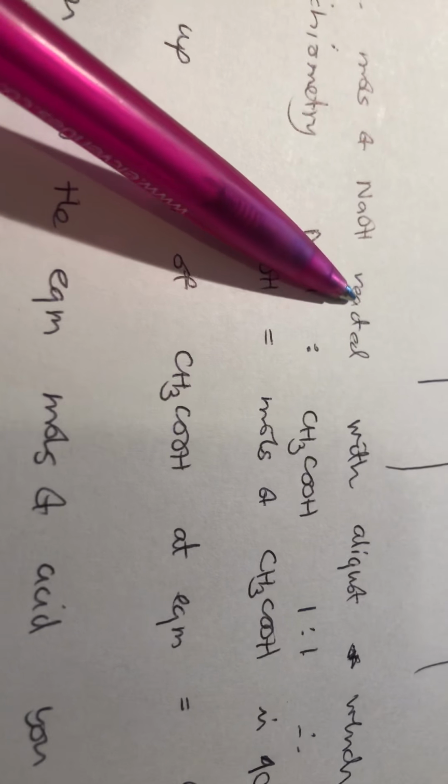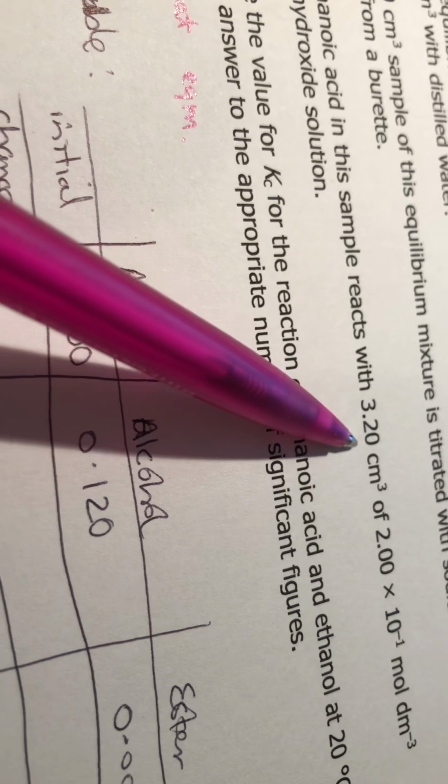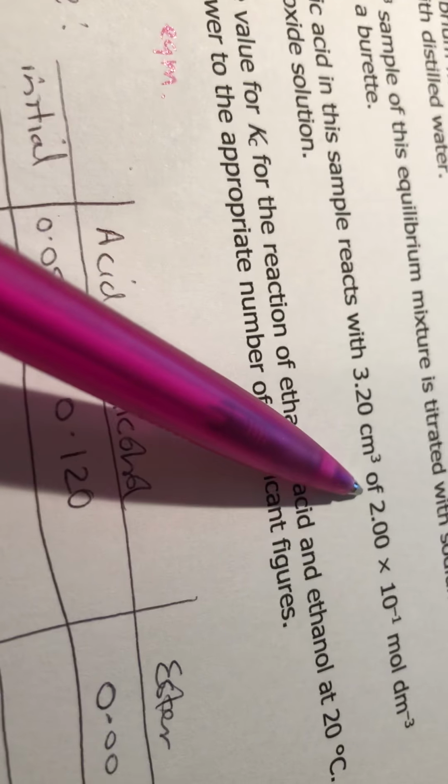So take your volume, divide that by 1,000 to convert to decimetres cubed, multiply it by your concentration, and you get a number of moles of sodium hydroxide. Now the stoichiometry of this reaction is that sodium hydroxide to ethanoic acid is 1:1. So therefore the moles of sodium hydroxide will equal the moles of ethanoic acid in 10 cubic centimetres.